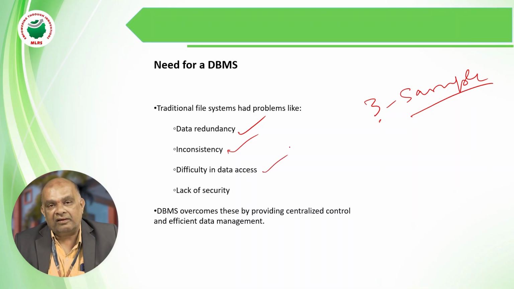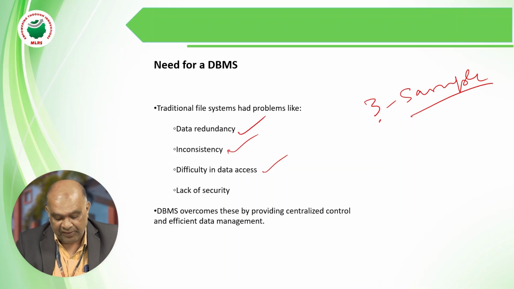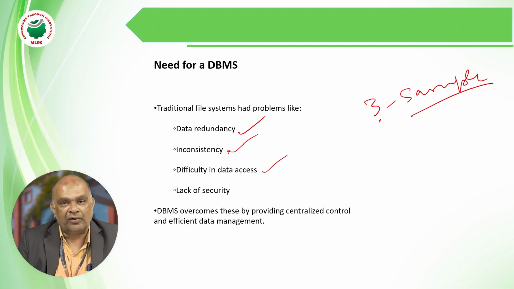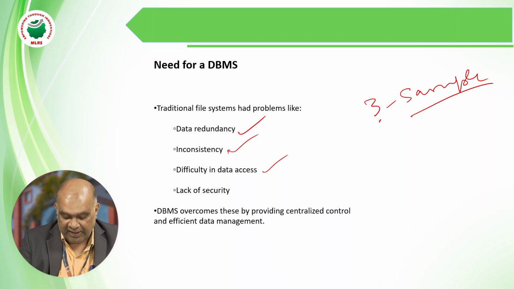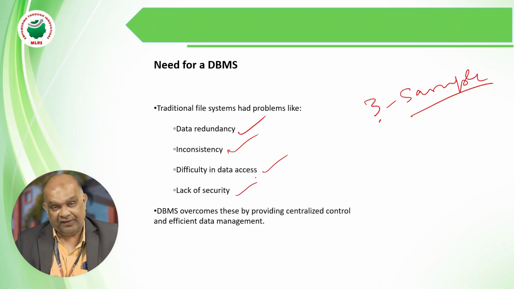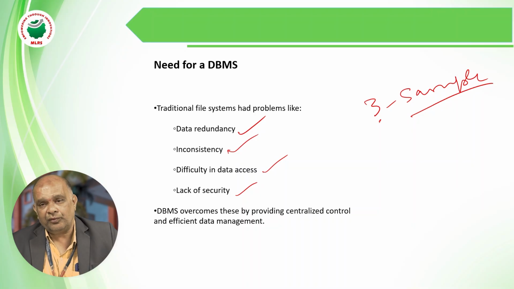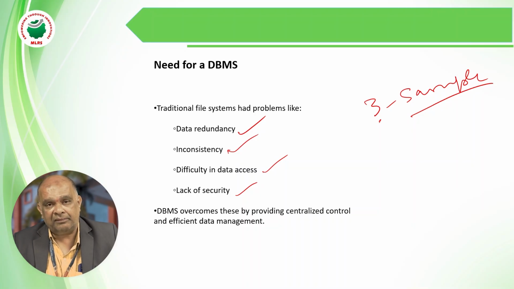Definitely there is a difficulty in data access because the processing time will be increased, and it's going to take a lot of time to get the result. So there is a difficulty in data access, and definitely there is a lack of security. When we are storing the data normally in Microsoft Word, our data is not secure.